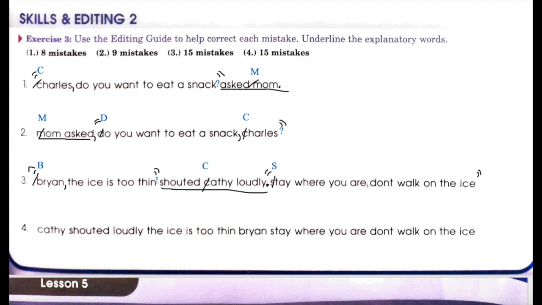So we need a period at the end of that sentence, and then we need to capitalize the first word of the next sentence. Don't walk across the ice. Don't is a contraction. We need an apostrophe. Don't walk on the ice. Another exclamation point here, because this is definitely showing strong emotion.